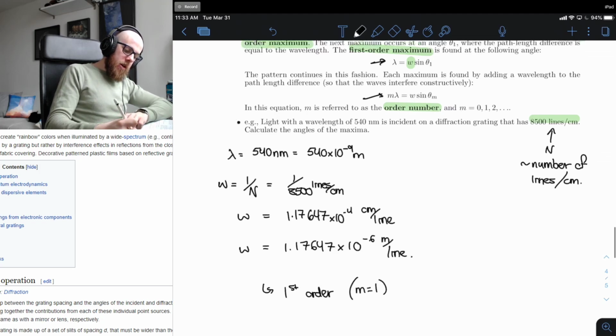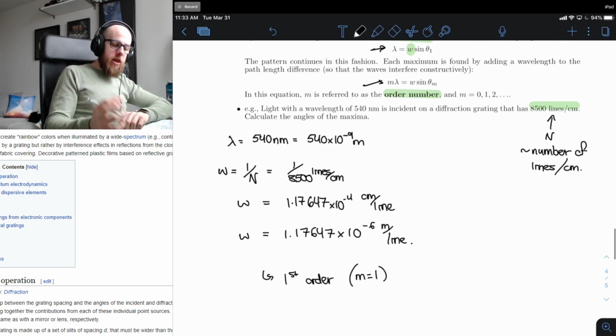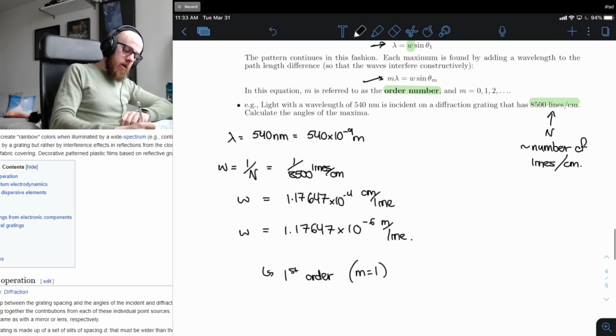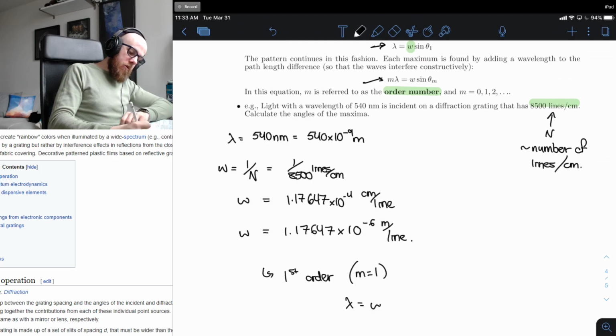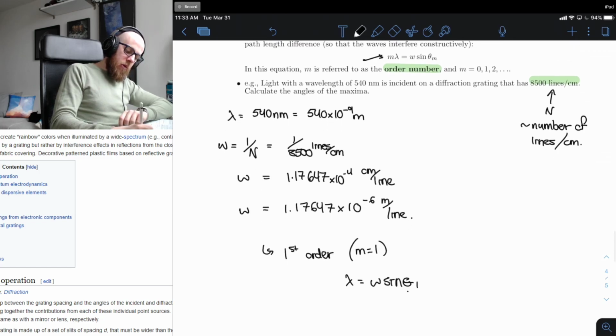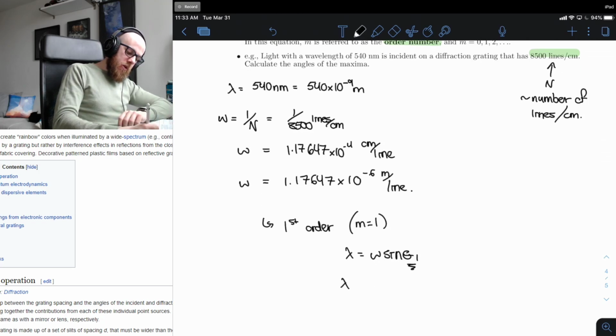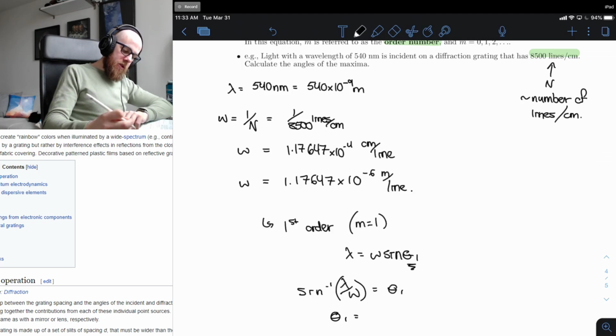So let's figure out what the angular width is here. We get lambda equals W sine theta 1, and we can invert this to figure out what theta 1 is. We're looking for the angle. So lambda over W, and then we do sine inverse of that is theta 1.